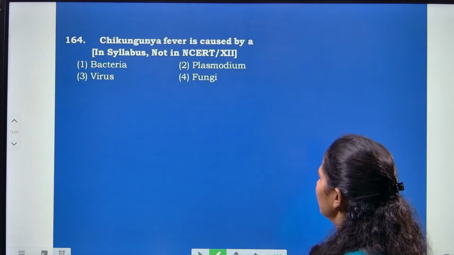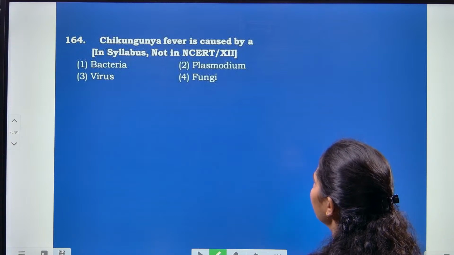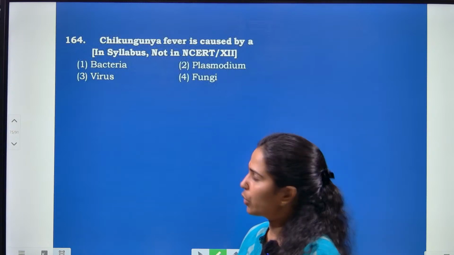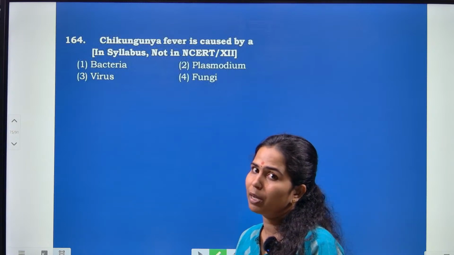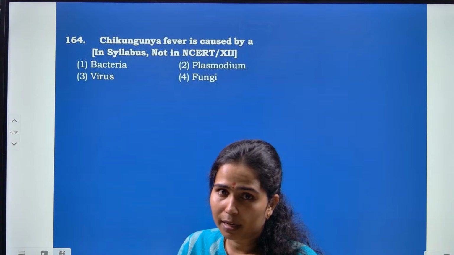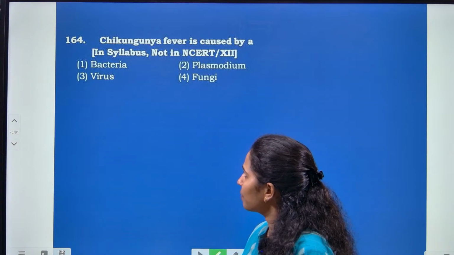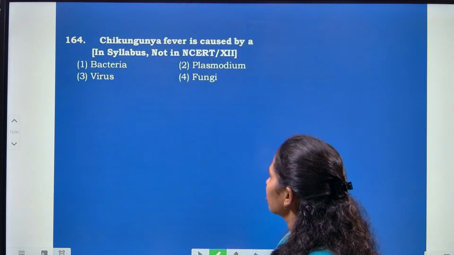Right. So chikungunya fever is caused by... previously I have told you, chikungunya is a fever which is spread by the mosquito. Is it caused by bacteria, plasmodium, virus or fungi?